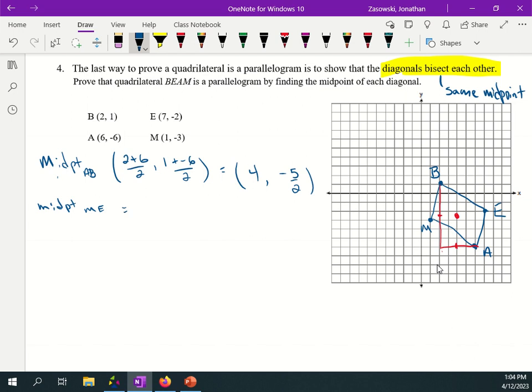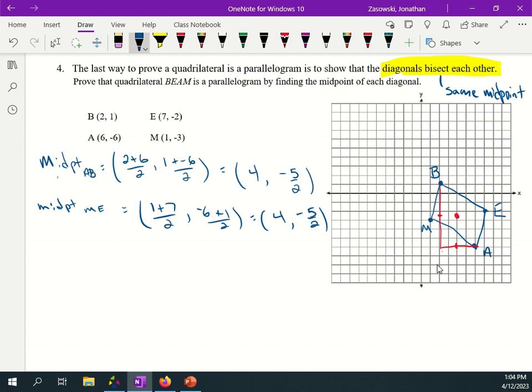If you do ME, okay, same thing. We're going to do 1 plus 7, which makes 8. And half of that is 4. And we're going to do negative 6 plus 1, which gives us negative 5. And we get the same thing.